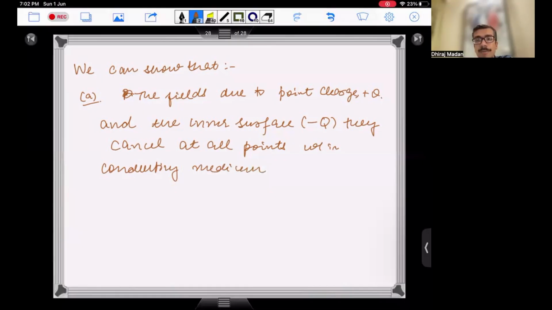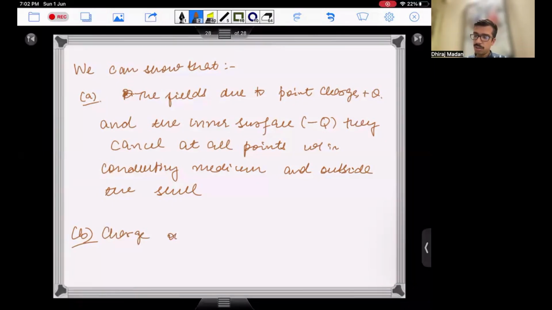Within the conducting medium they have to cancel, because inside the conducting medium the net electric field has to be zero. And outside the shell, over that entire space, both of them will cancel. And the charge on the outer surface is uniformly distributed.